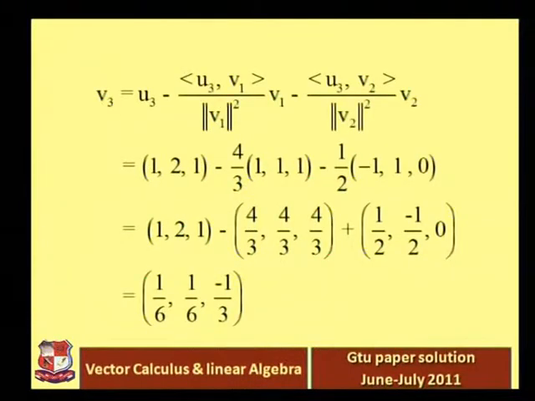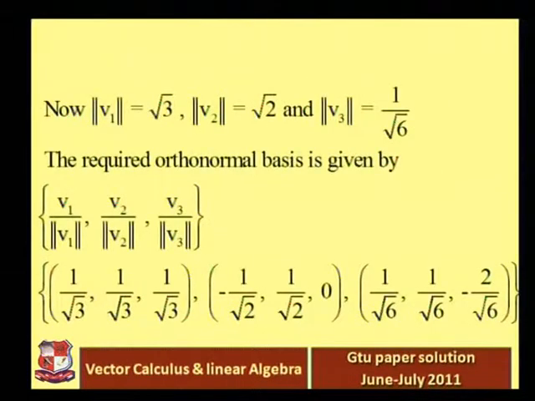And v3 is (1/6, 1/6, -1/3), so norm v3 is the square root of 1/36 plus 1/36 plus 1/9. When you solve it, you get norm v3 equal to 1 by root 6.